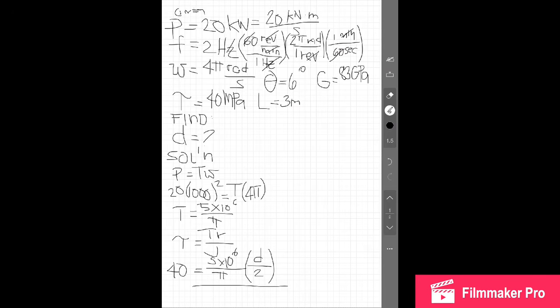So, ano yung na-compute natin kanina? So, pi d raised to 4 over 32. So, with that, mahahanap natin yung value ng d.